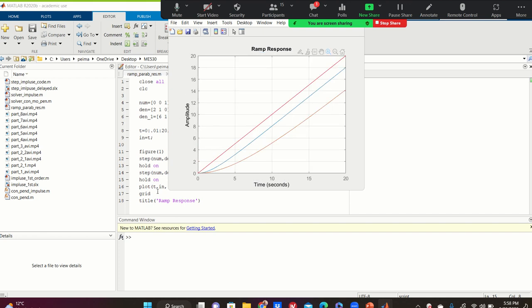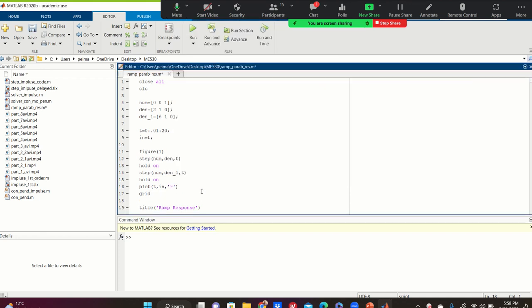So, because I'm sharing with you, let me put a legend. It is tau equals 2, and the other was the input to the system, which is what I say ramp, and tau equal to 6.